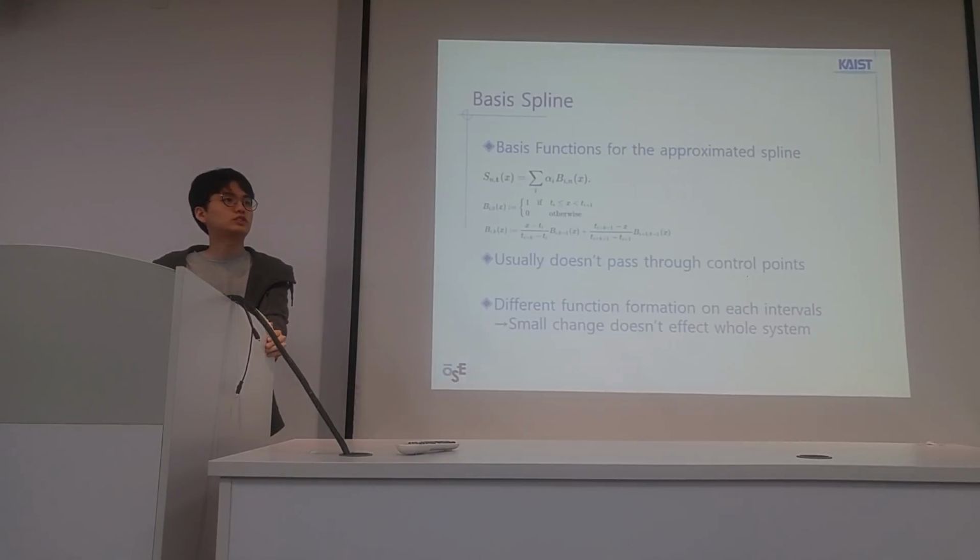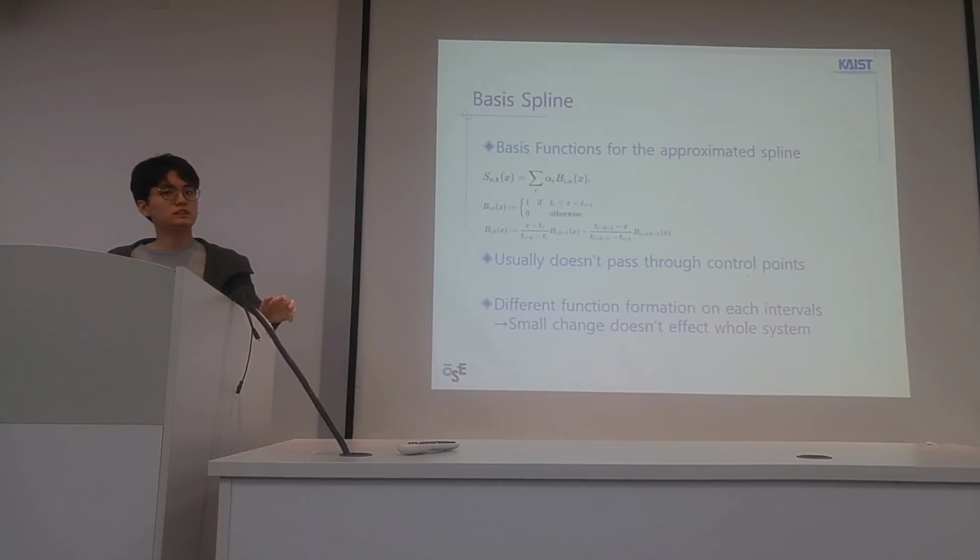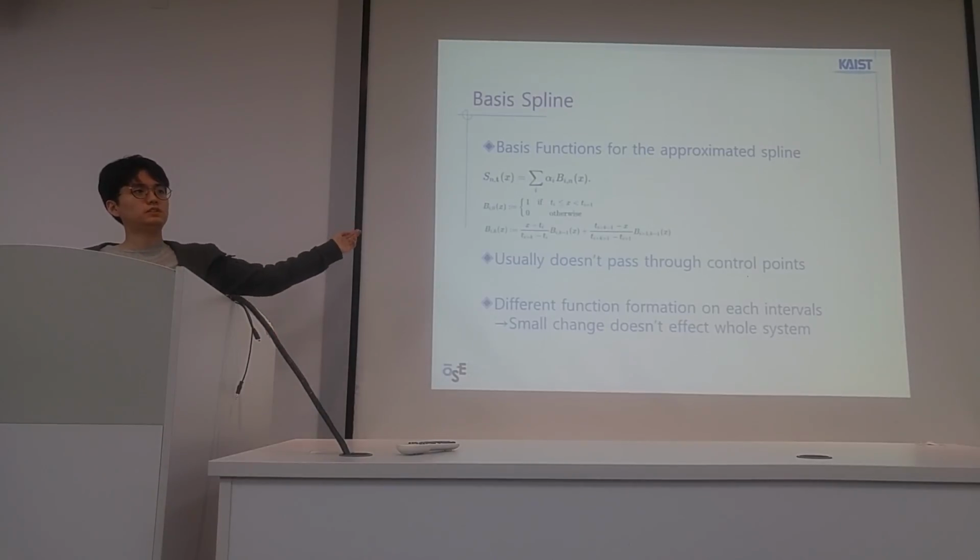The next spline to introduce is the basis spline, or B-spline. This has the basis function for the spline approximation. As this is also an approximation method, it usually doesn't pass through the control points, but we can set the spline to pass through some points.